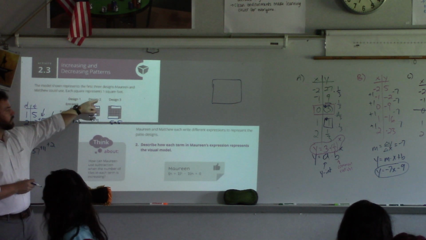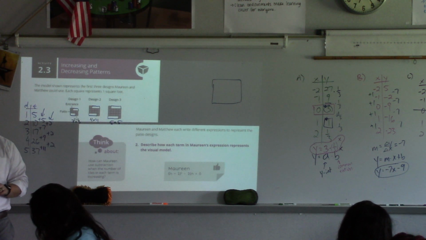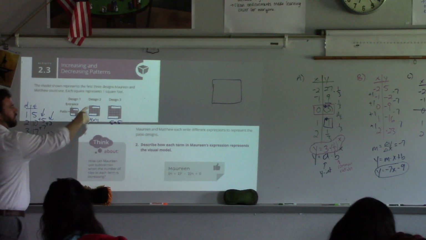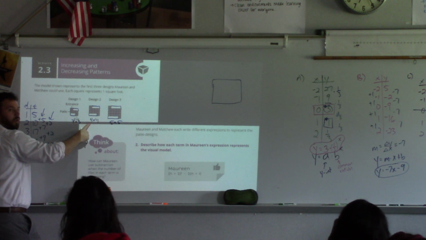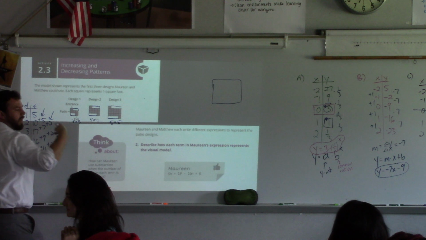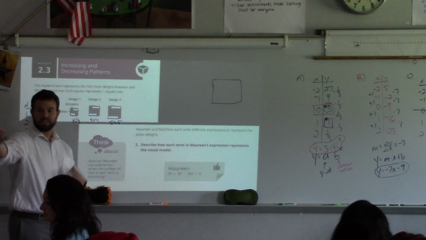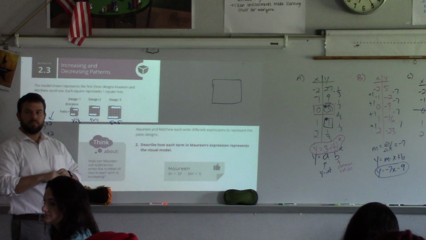If I go from design 2 to 4 and 3 to 5, how much am I adding? 2. But notice to go from design 2 to 4, I'm adding 2. To go from design 3 to 5, I'm adding 2. And so this n plus 2 squared, Brady, does that start to answer that question of where does n plus 2 squared come from?